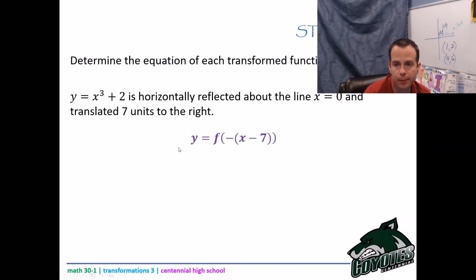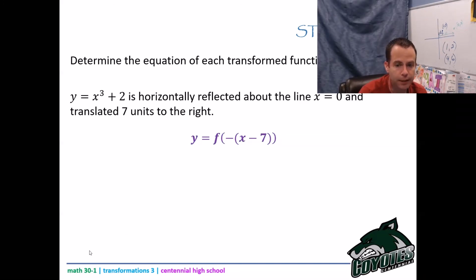So this is what I'm looking at. Now, to actually come up with the equation, there's nothing I'm doing to the whole thing. I'm just replacing x. When I'm dealing with the equation, I don't need this double set of brackets. I only want that double set of brackets when I'm dealing with the transformation equation, or the equation in terms of f of x, because that shows me all the transformations.